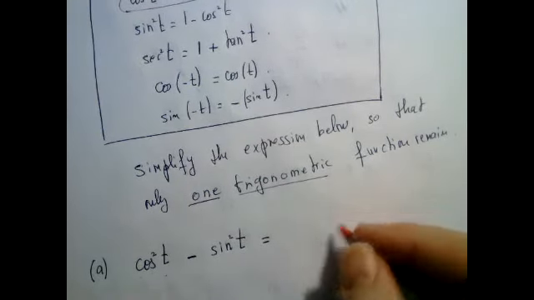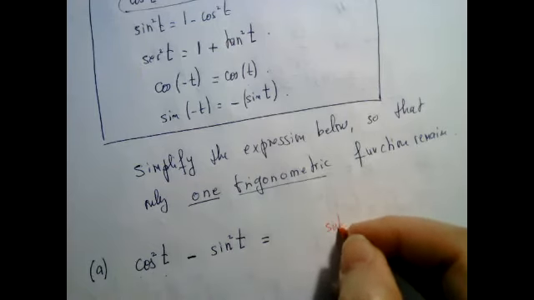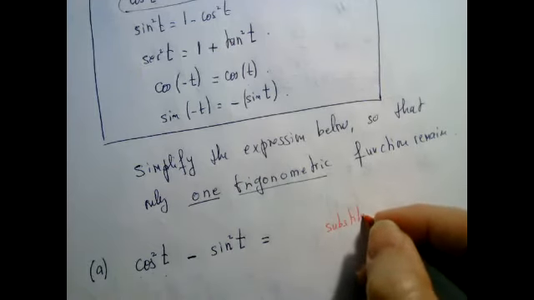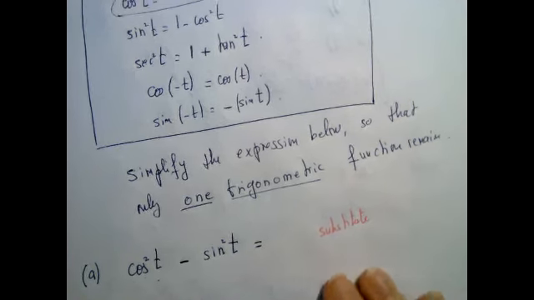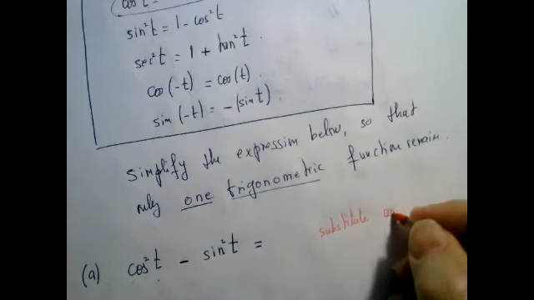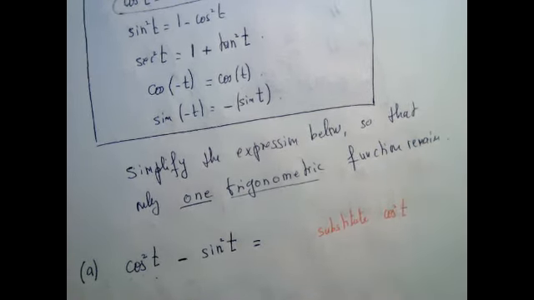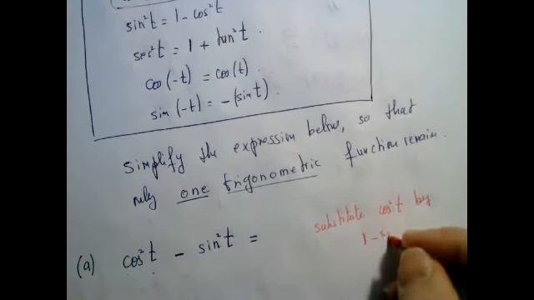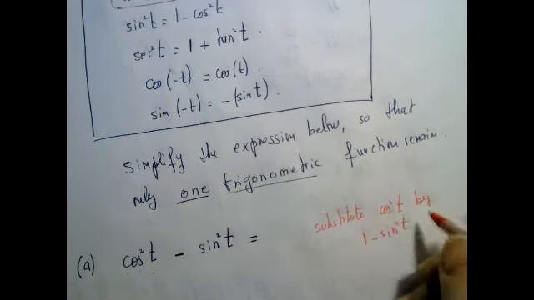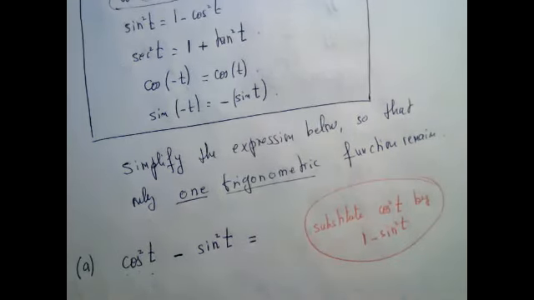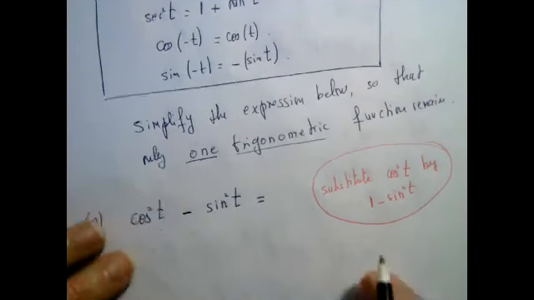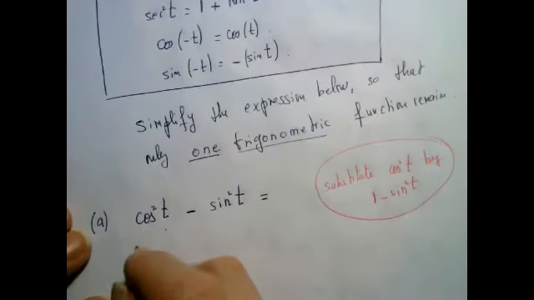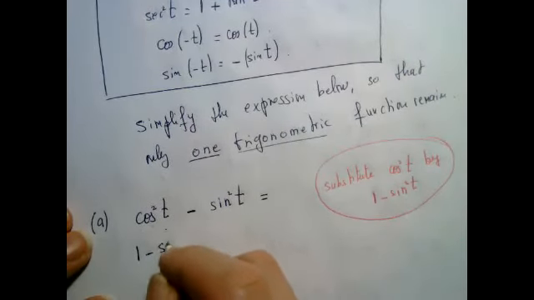We're going to substitute cosine square t by its value, 1 minus sine square t. I mean, instead of cosine square, I'm going to put 1 minus sine square.